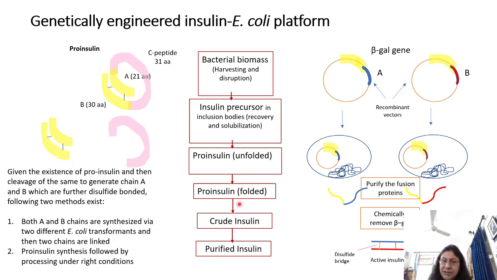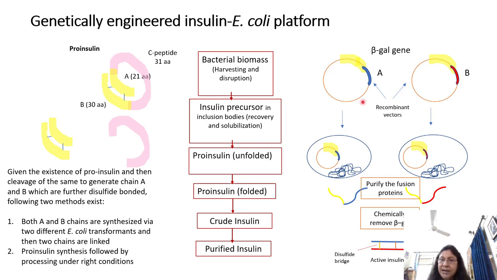So after processing at this stage, you get what is crude insulin. Okay, and all of these things are being done in a test tube, and eventually through application of any one of the protein purification methodologies, this is going to be purified, and then this is what is available in the market. Okay, so in this particular example, what we have seen is that you are going to overproduce proinsulin.